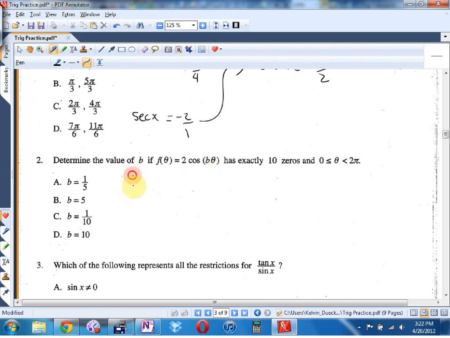If there was a 1 there, how many answers do we usually get when we're solving a trig equation? 2, right? If there was a 2 there, when we did period changes, do you remember how many answers we ended up looking for very frequently? 4. If we have 10 answers, what must the coefficient have been? By the way, if there's a 3 there, you're looking for 6 answers. If there's a 4 there, you're looking for 8 answers.